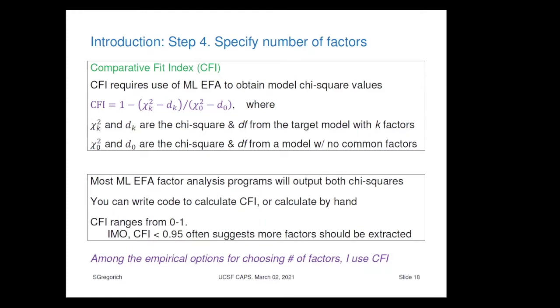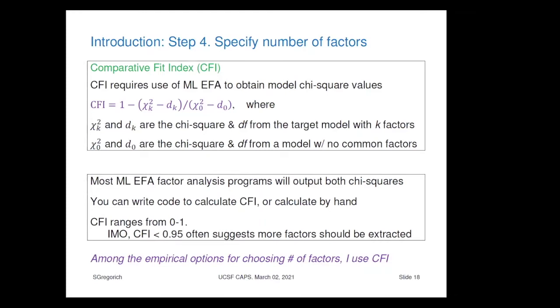It's also going to give you a chi-square that might be referred to as a null model chi-square, or a chi-square with no common factors. That chi-square is basically a test of whether or not all of your variables are orthogonal to each other.